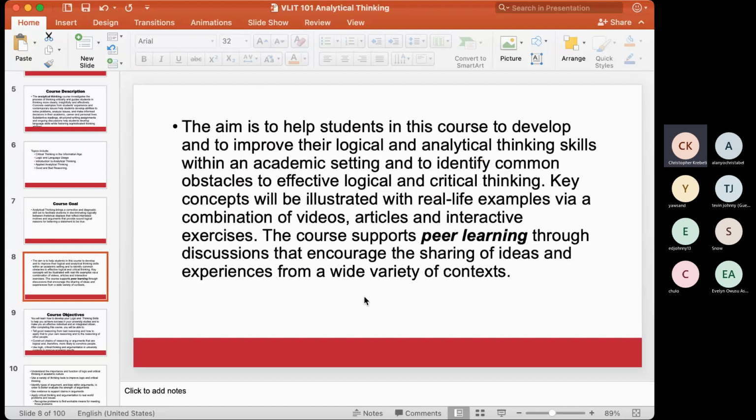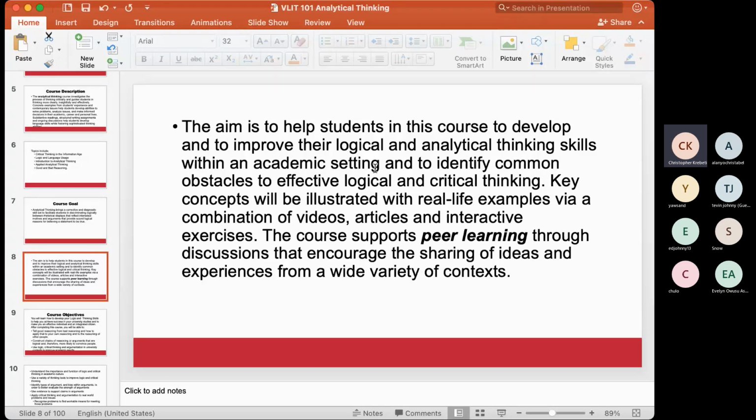The aim is to help students in this course to develop and improve their logical and analytical thinking skills. It does not mean that you don't have it; you have to improve on it. Every human being thinks and reasons, but when you are left to yourself and your own thinking and paradigm, you will always make errors and create problems for people.